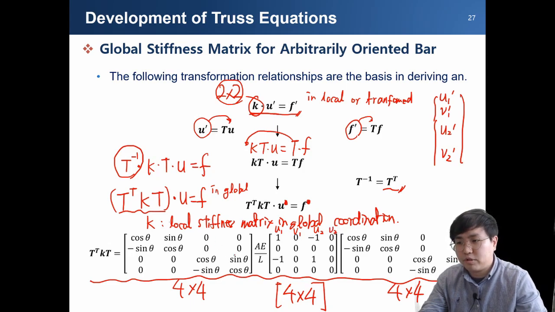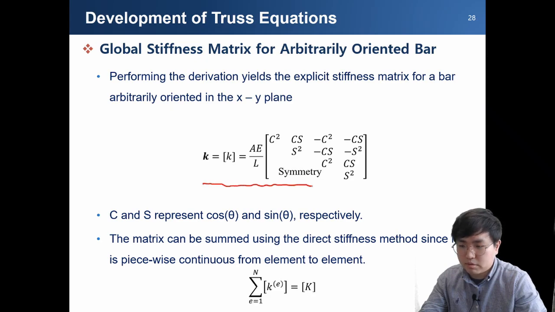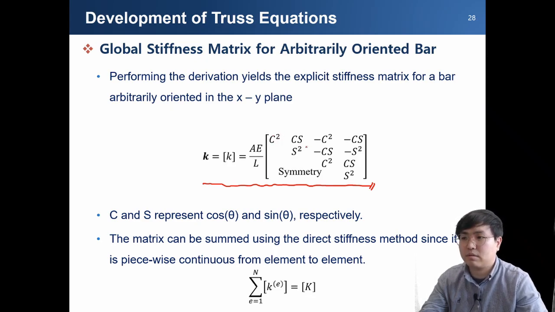After the matrix multiplication, we finally obtain this kind of result. Here C is cosine and S means sine theta. So we can obtain this kind of relationship here.